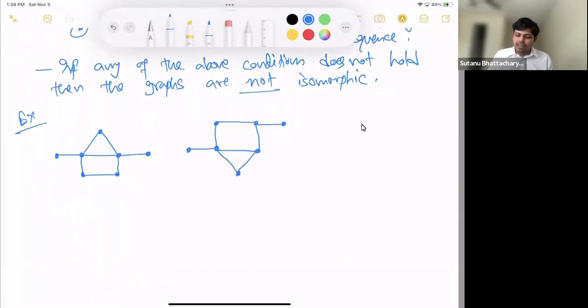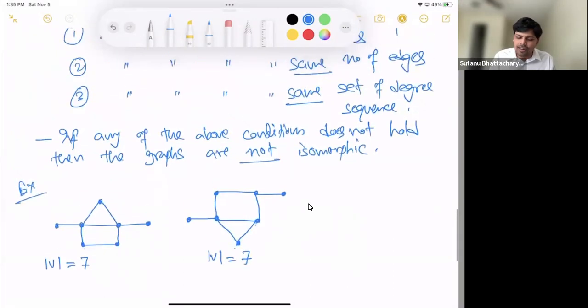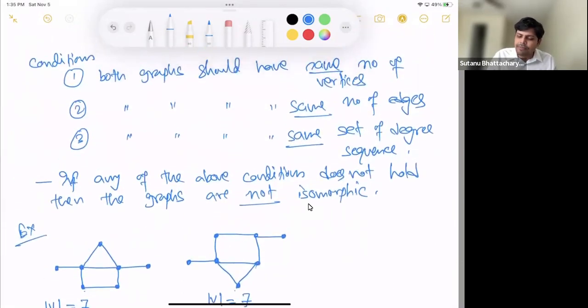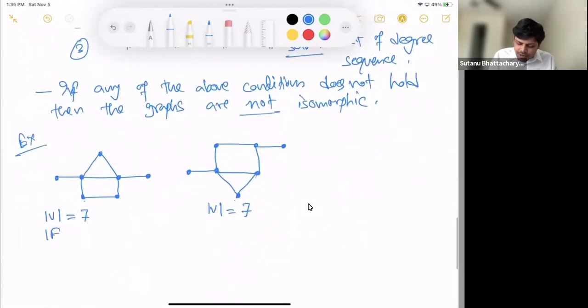And the question is, are they isomorphic? So we need to find out. First, what is the number of vertices here? Number of vertices is here 1, 2, 3, 4, 5, 6, 7. Each dot represents a vertex. So number of vertices is 7 here. And what about here? Number of vertices here is 1, 2, 3, 4, 5, 6, 7. Same, 7. Okay. So condition 1, both graphs should have the same number of vertices, is satisfied.